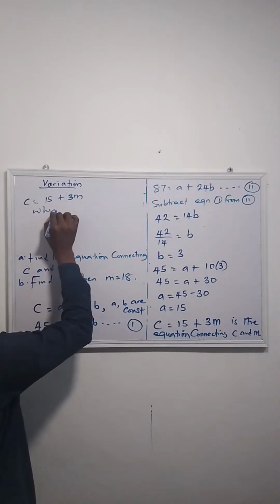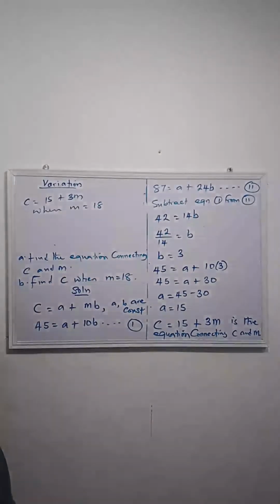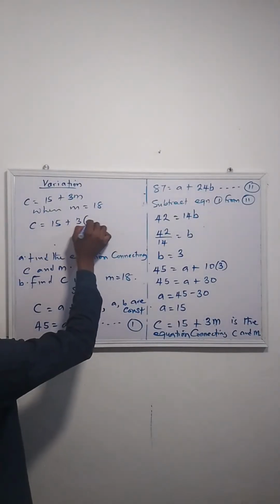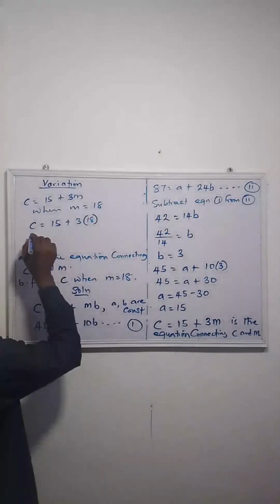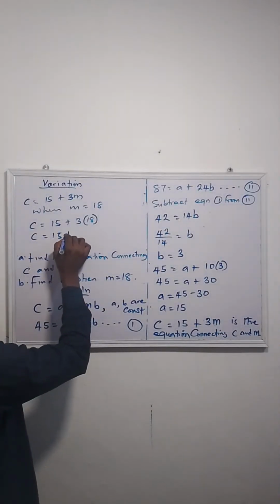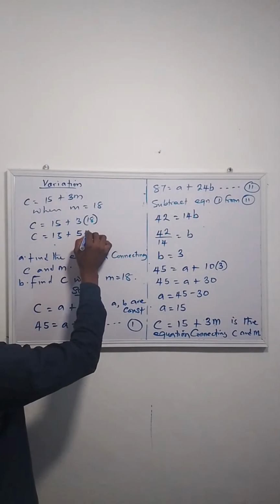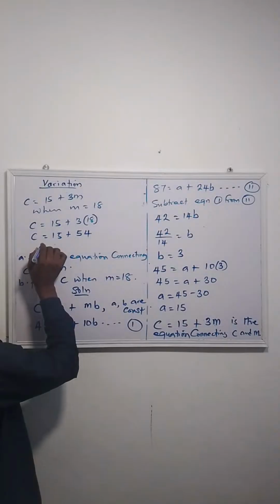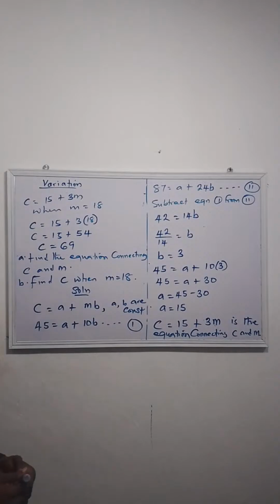When M is 18, we have C equals 15 plus 3 times 18. What is 3 times 18? That's 54. Now you can add together, and you have 69 as the answer. And that is the answer to the problem.